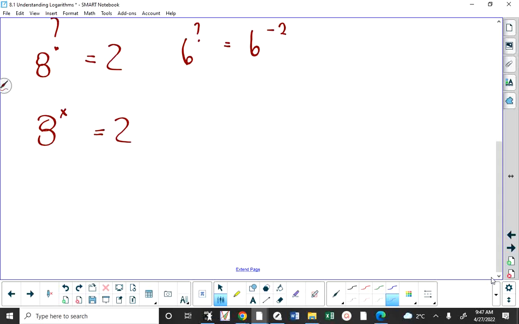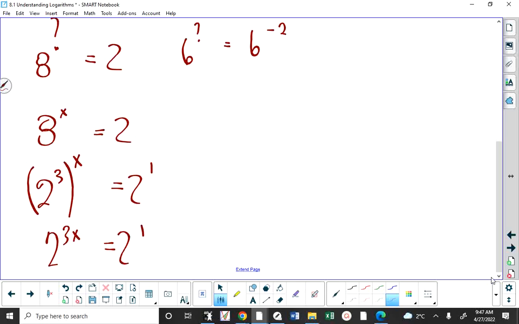Well, you can write this as a common base of 2. So the 8 becomes 2 to the 3 raised to the x equals 2 to the 1. That means we get 2 to the 3x equals 2 to the 1. So the exponents are equal, and you have 3x equals 1. So when we divide both sides by 3, you get a third.